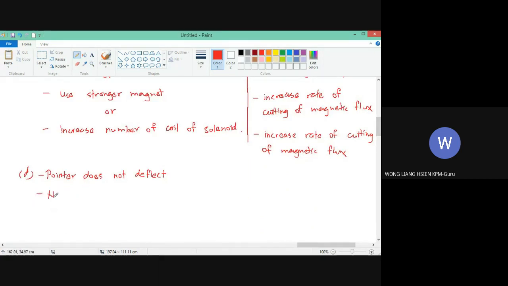Okay, no relative motion between coil and magnetic flux. No relative motion between coil and magnetic flux. Or you can also say no cutting of magnetic flux by the coil of solenoid. Or no cutting of magnetic flux by solenoid also can. Okay, no problem.